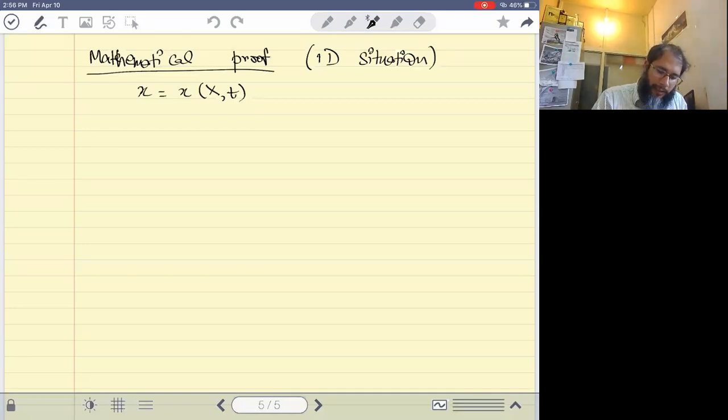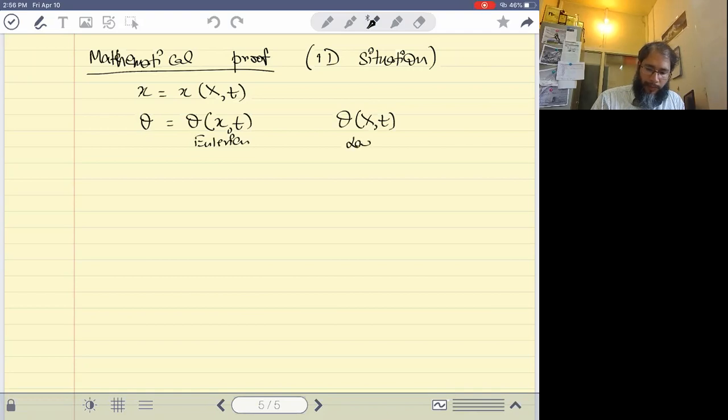And then we have a property theta, which is a function of either small x and t or capital X and t, depending on whether it's an Eulerian description or a Lagrangian description. So we write the material derivative of theta with respect to time.